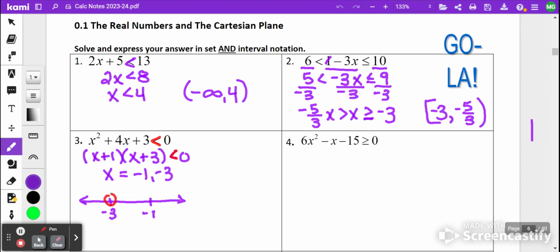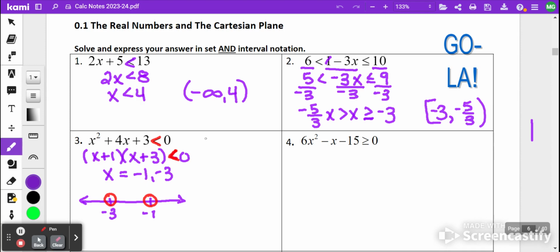So we will have an open circle on negative 1 and negative 3. Now, when we have something like this, it's pretty easy to just pick a number to the left of negative 3, a number between negative 3 and negative 1, and then a number that is greater than negative 1, and see which ones give us a true statement that all of that would equal something less than 0.